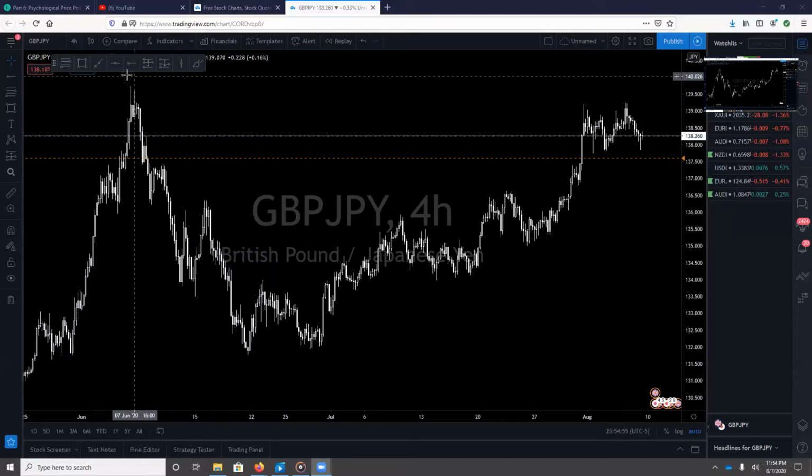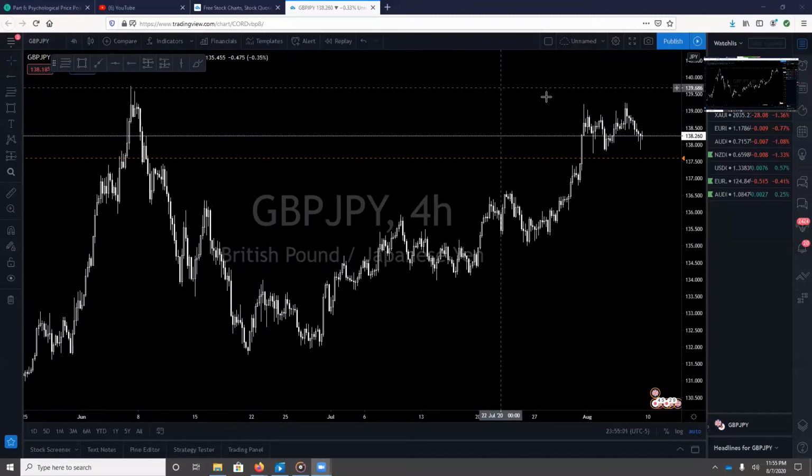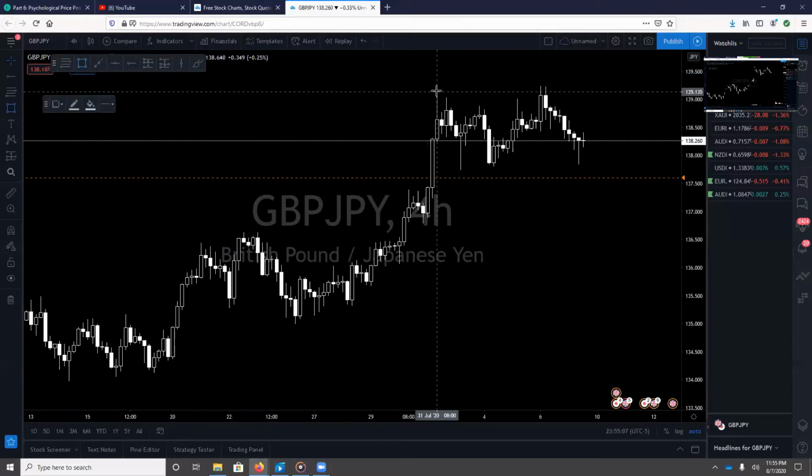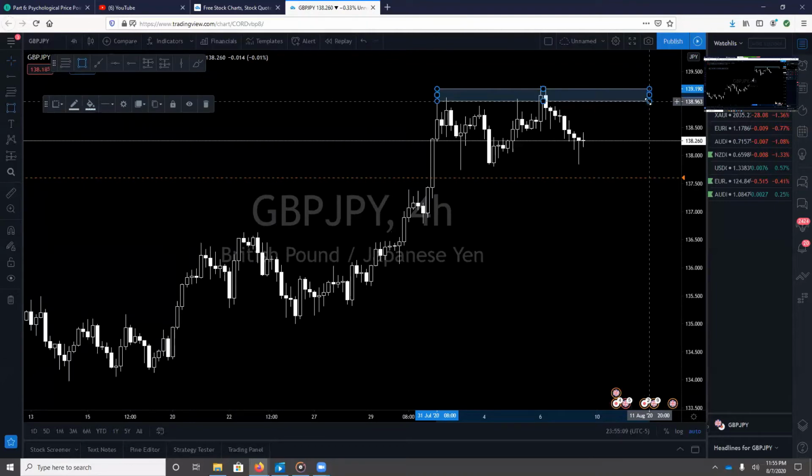Supply is essentially like resistance. So supply is going to be any level above where price is right now. So up here would be a supply zone, which I'll draw anyway, because as you can see, this is the 4-hour, and we had created a double top right here.